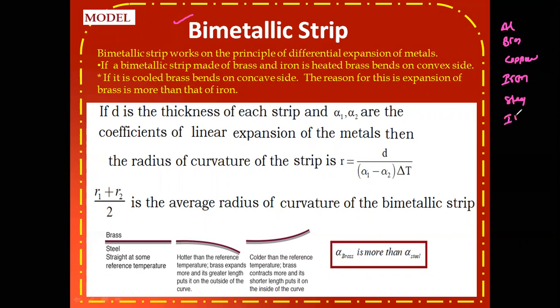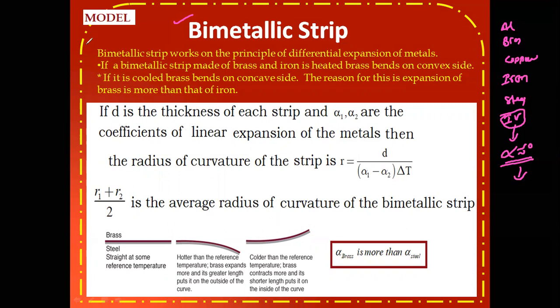After that, invar steel. Invar steel has alpha nearly equal to 0. That means the length of invar steel is independent of the temperature. The sequence is very important for solving problems based on the bimetallic strip.